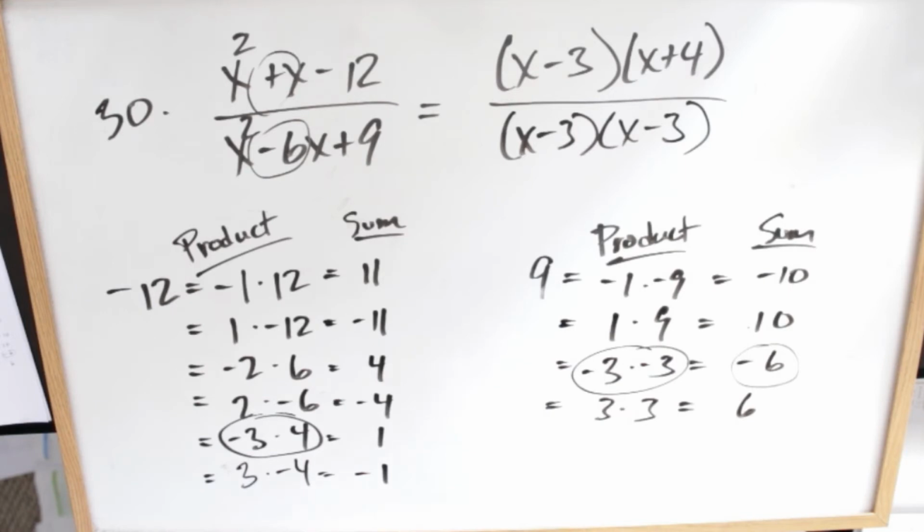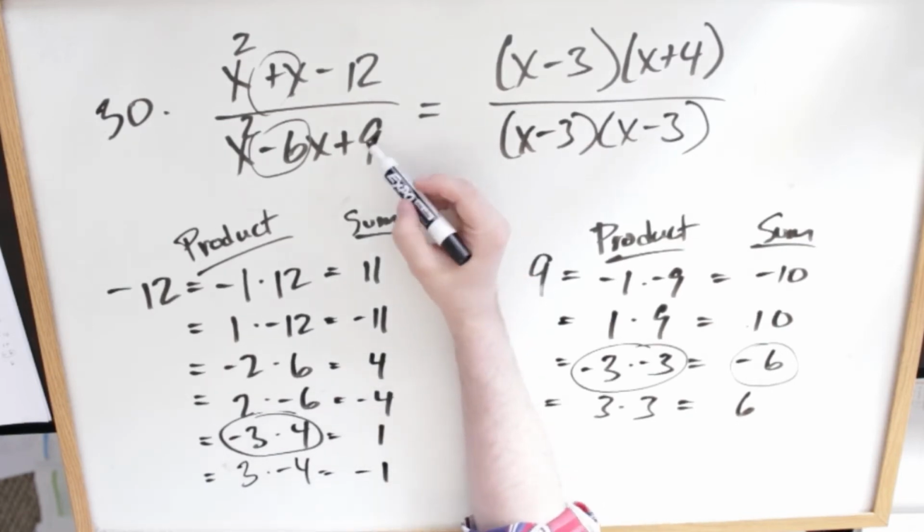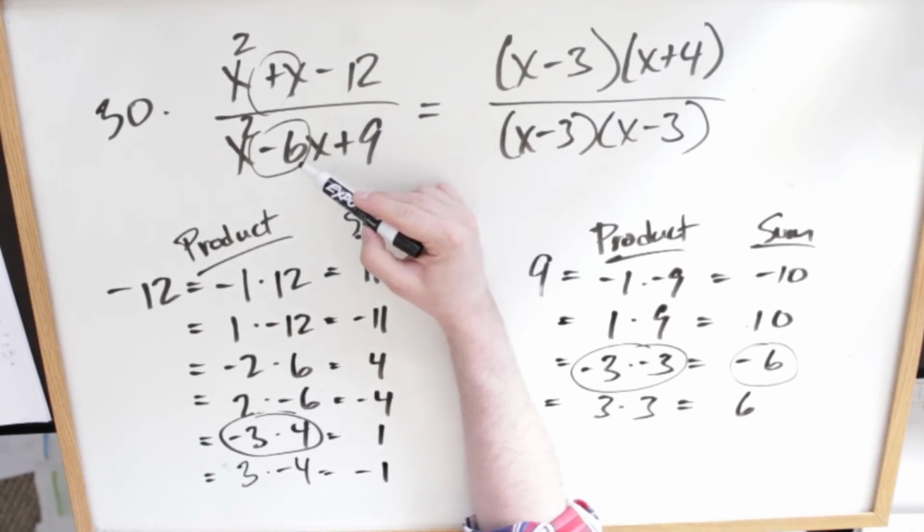All right, so let me go through the mental way that I would do it. For 9, the factors I know are going to be 1 and 9 and 3 and 3. Again, I'm not thinking about the sign at all, just 9. 1 and 9, 3 and 3. Any combination of those numbers that's going to produce a 6, well, it would be 3 and 3.